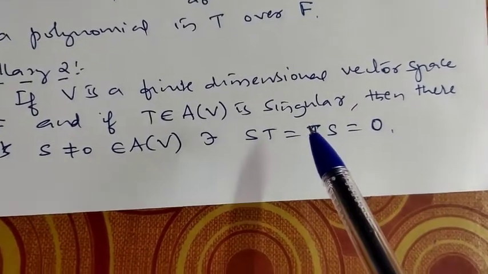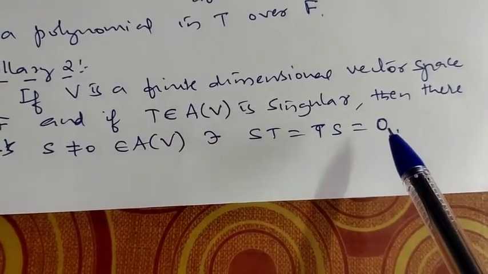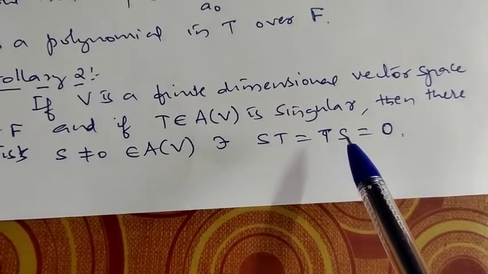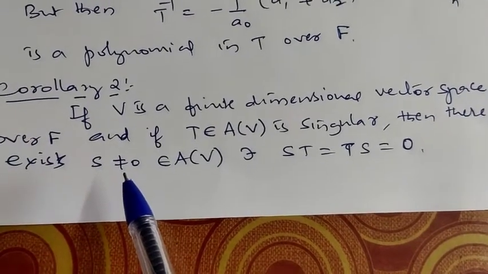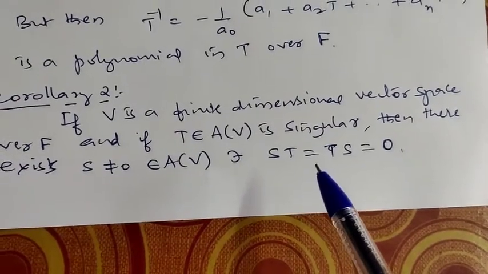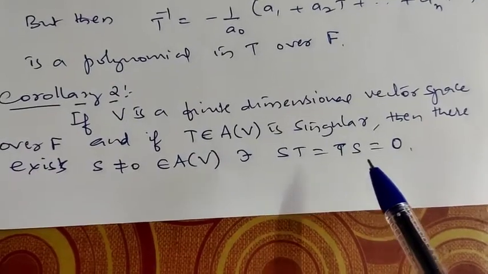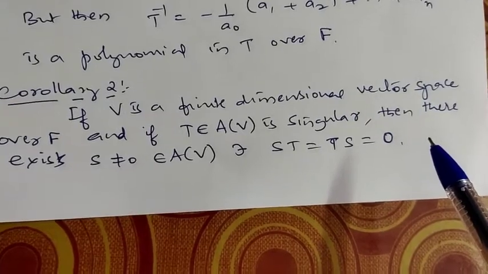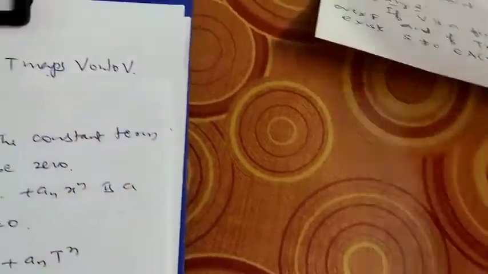So, look here: if T is a regular transformation, then S into T is I and T into S is I. If it is singular, then S into T is 0 as well as T into S is 0 for some non-zero transformation. This may be taken as a definition for singular transformations also. So, we can say that the transformation T belongs to A of V is singular if there exists a non-zero transformation S such that T into S is 0, that is equal to S into T is equal to 0. So, let us prove this result.